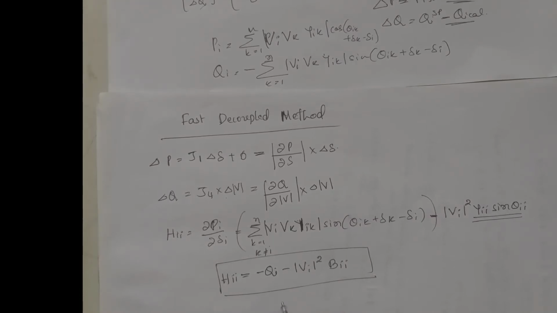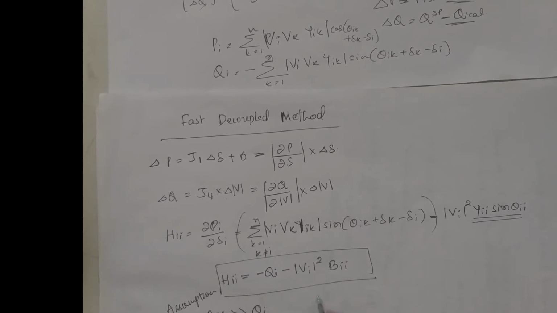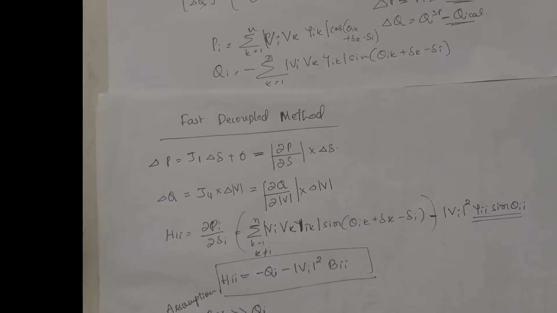Next, here certain assumptions we make. What are the assumptions? This is the first assumption: Bii is considered to be very much greater than Qi, so that Qi can be neglected.